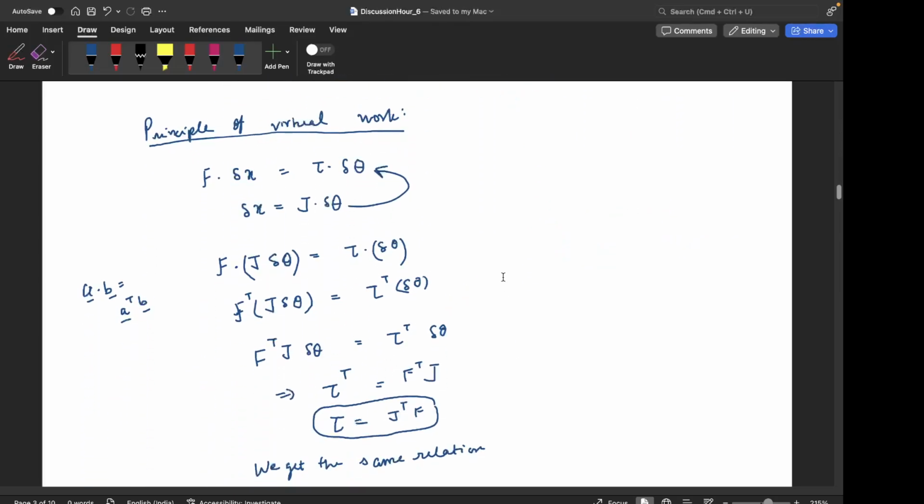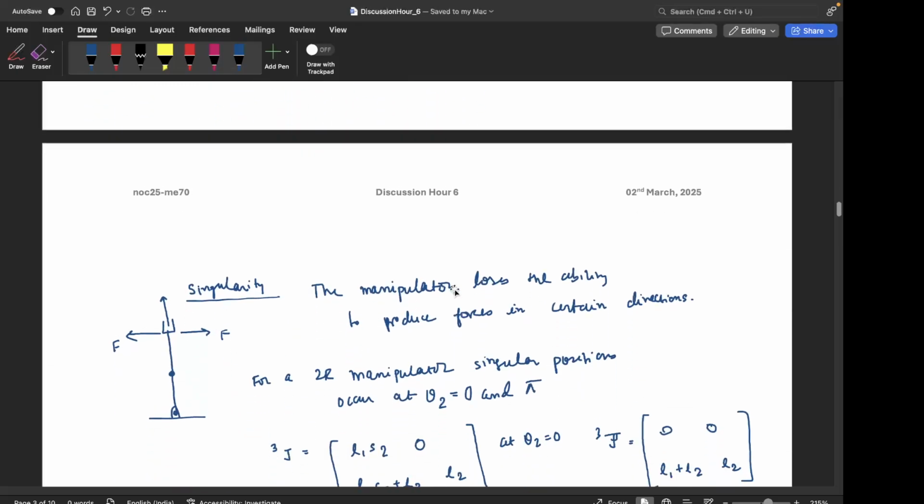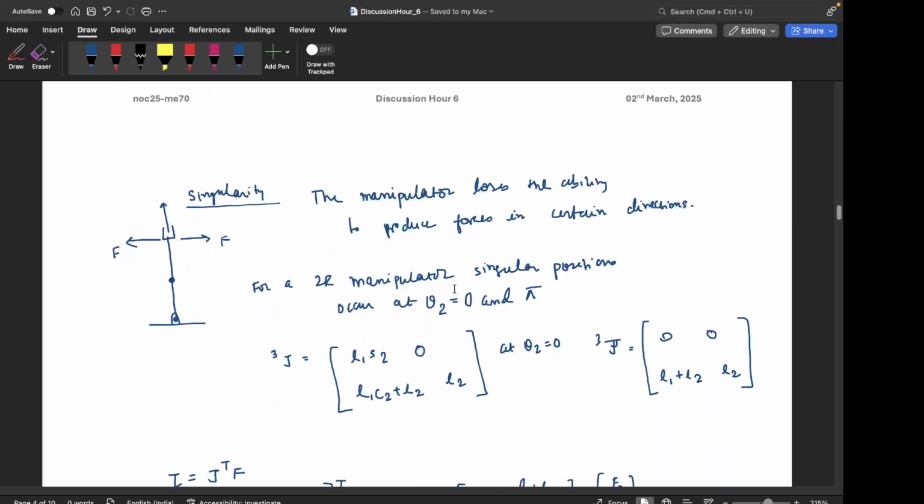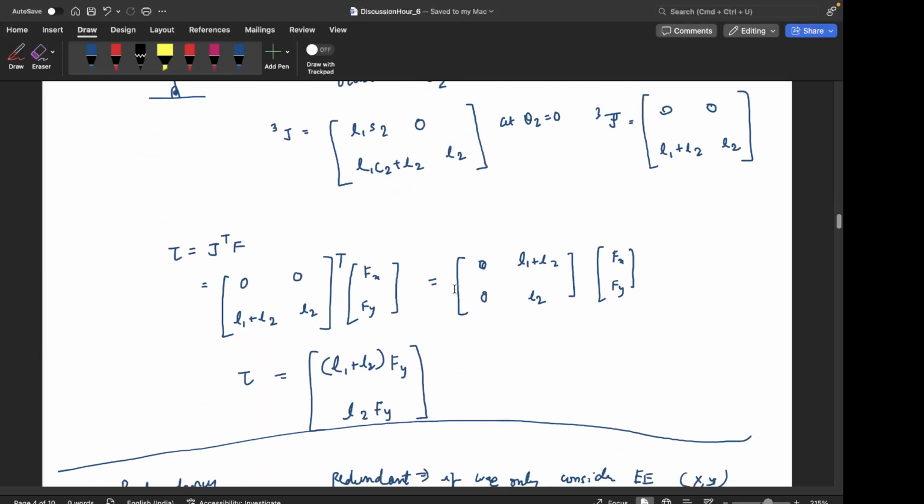And we saw that the same expression also comes up when we use the principle of virtual work to derive the relation between forces and joint torques. And finally we saw that in singular positions, in certain directions, arbitrarily large forces can be generated with a very small increase in the joint torques.